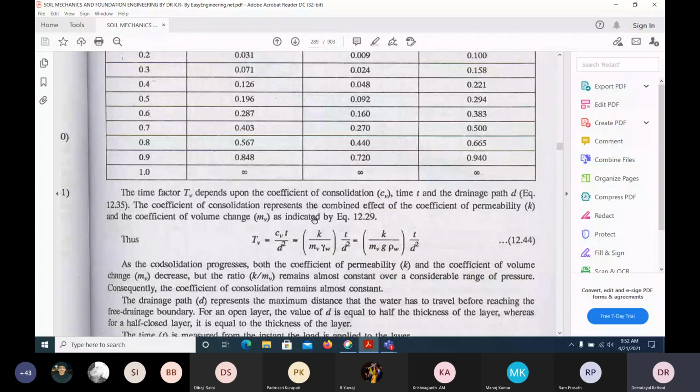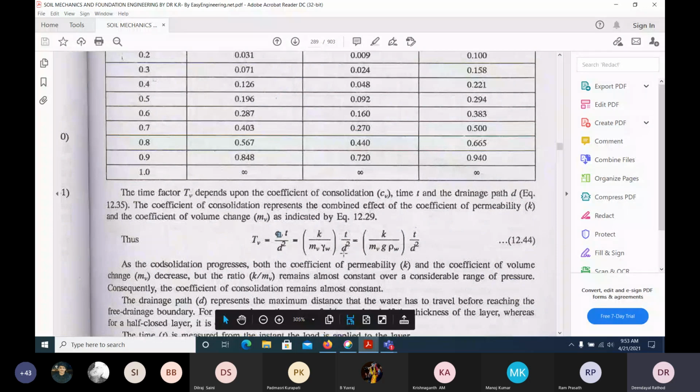The coefficient of consolidation represents the combined effect of the coefficient of permeability, because here Cv, we know that Cv is equal to what? k by mv gamma w. That already we have seen, if you recall. And the coefficient of volume change. That means this Tv depends on all these values. It depends on k, because definitely it depends on the permeability, mv.